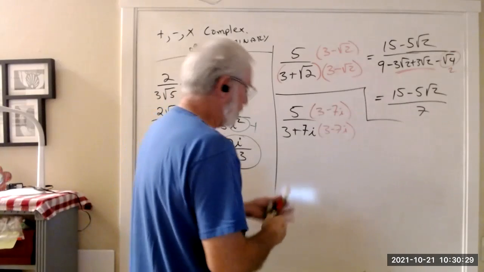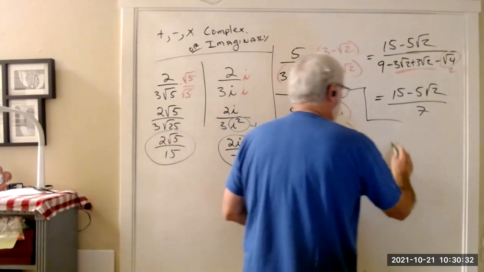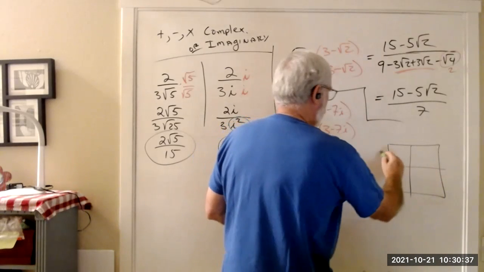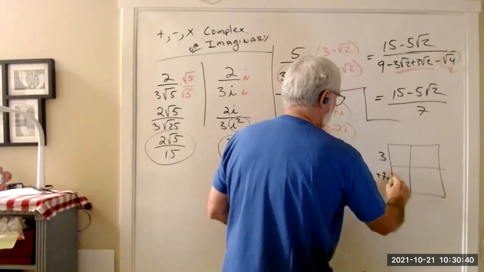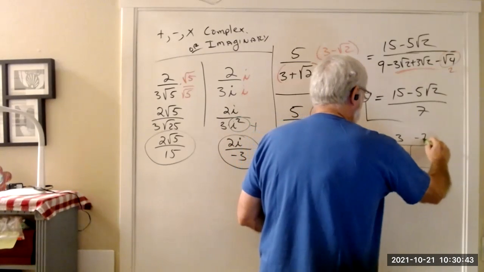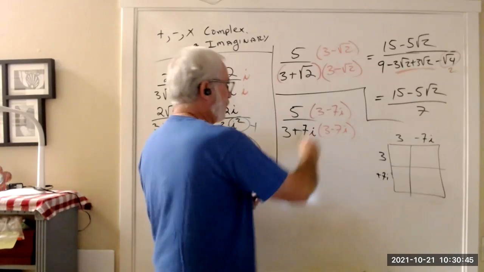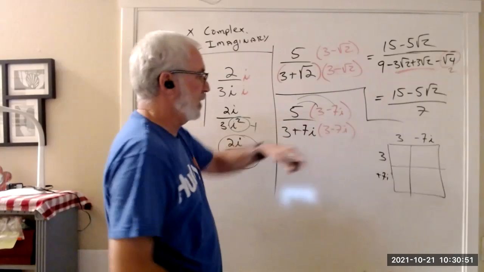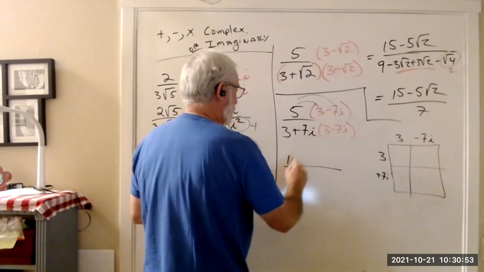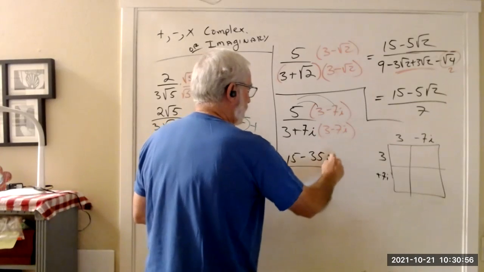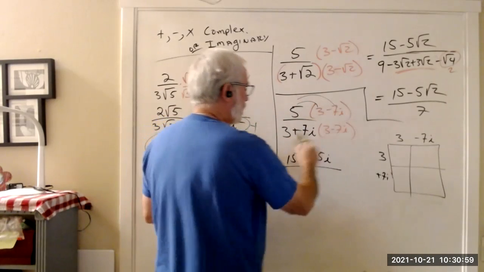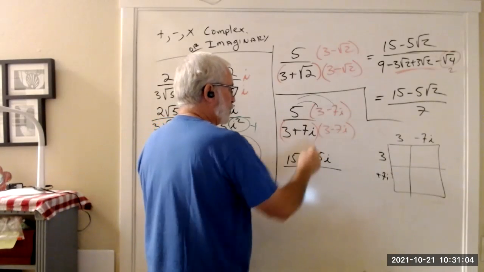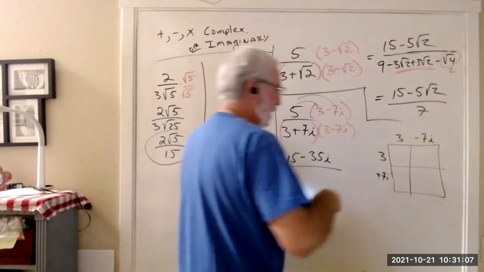So over here, I am going to do my box this time, my matrix, because I have 3 and plus 7i and 3 and minus 7i. I feel that you guys can distribute the 5 times 3 minus 7i in your head. The numerator is going to be 15 minus 35i. That's the top. But the bottom, you have to multiply together. Somehow the conjugate will use the box and see what we get.